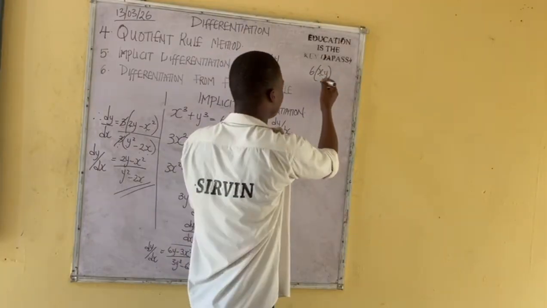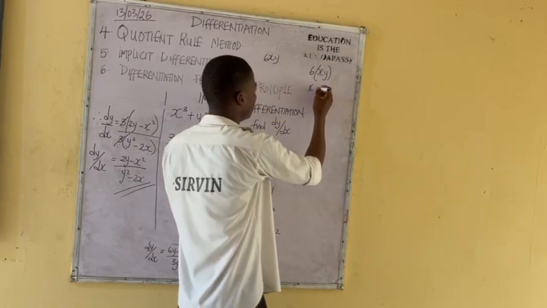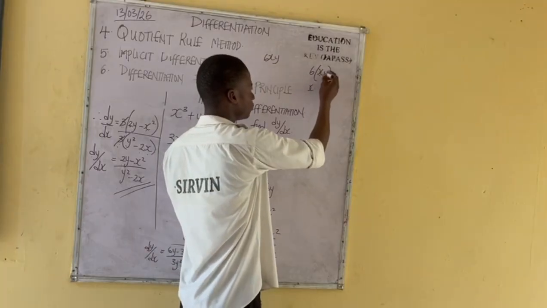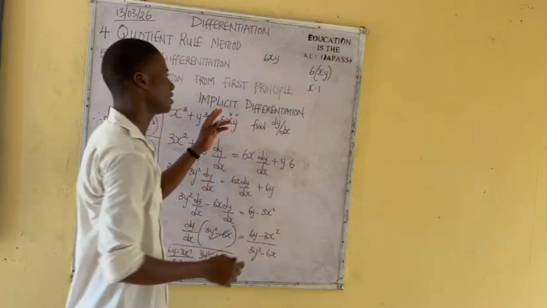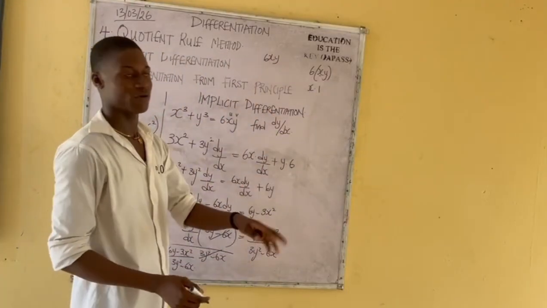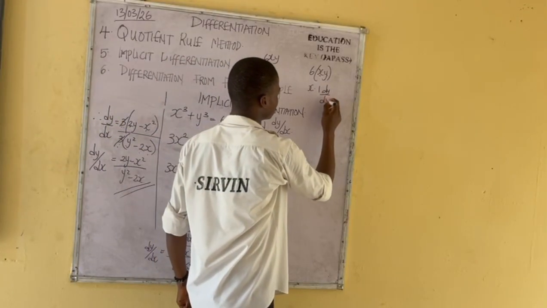If I keep x constant and differentiate y, I want 1, but since I'm talking about implicit differentiation, it's going to be 1 dy over dx.